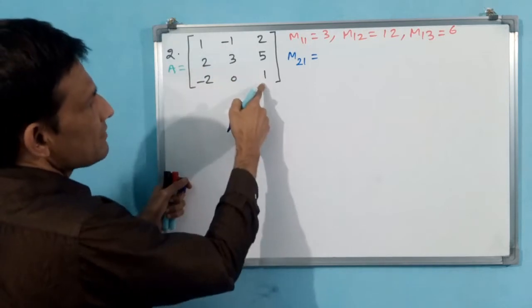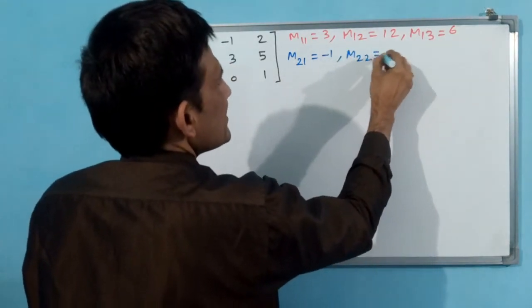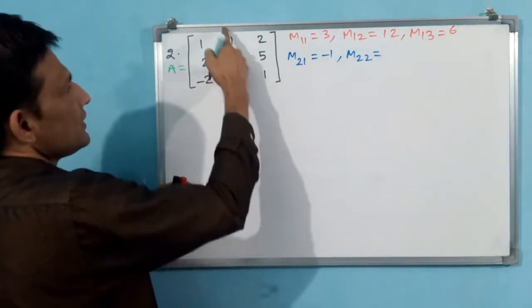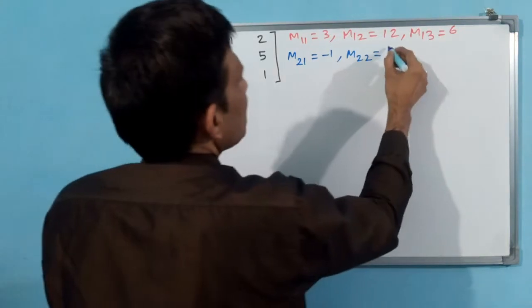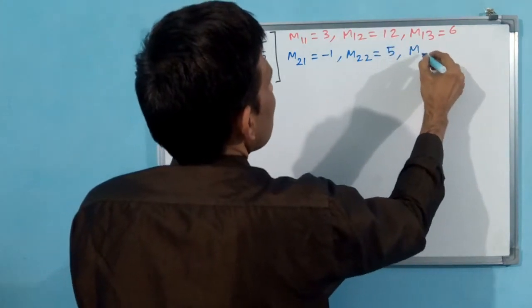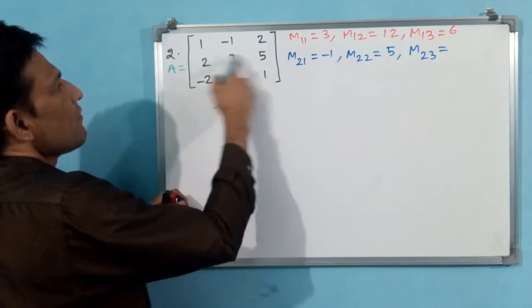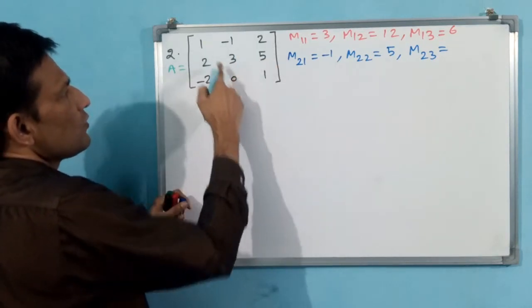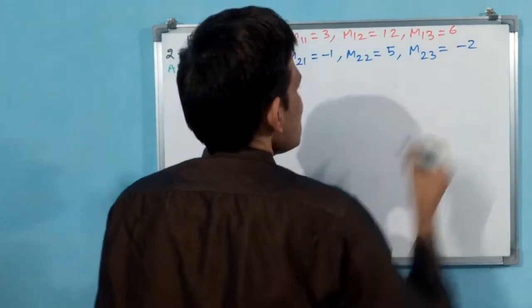Then minus 1, 0. That means minus 1 you write. M22. 3 you are closing. 1 plus 4, 5. Then M23. 5 you are closing. 0 minus 2, minus 2 you write.